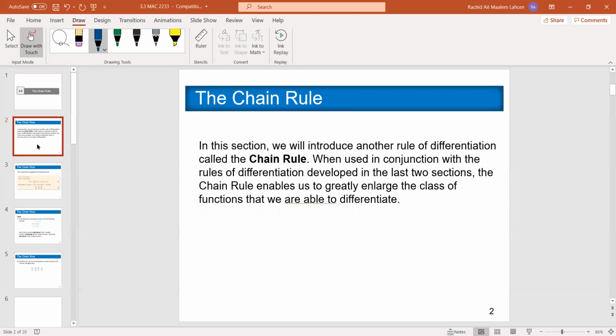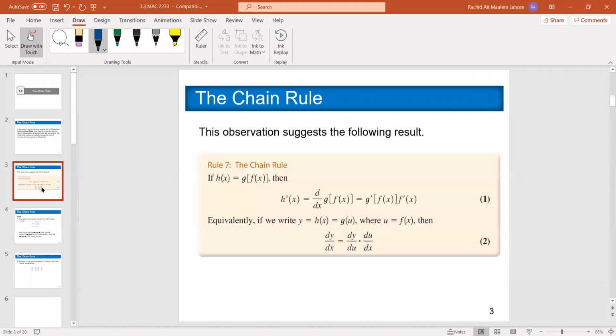Chain rule is also used in conjunction with the rules of differentiation that we saw and developed. And here we call it rule number 7. So if you have a composition of functions, if you have h as a function which comes from composing two functions, and we did the composition of functions, it is in this order.